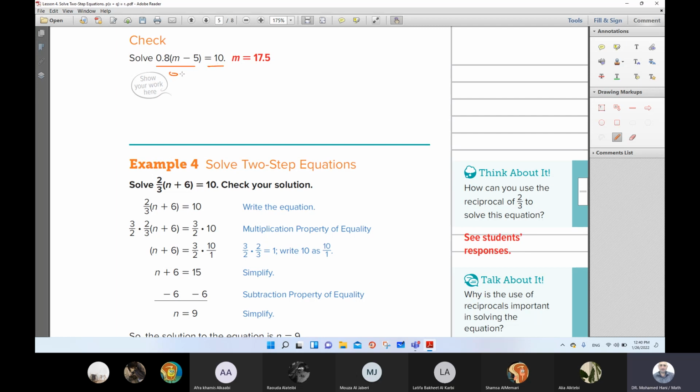Divide here by 0.8 and divide here by 0.8. Here remains m minus 5 equal 10 divided by 0.8.